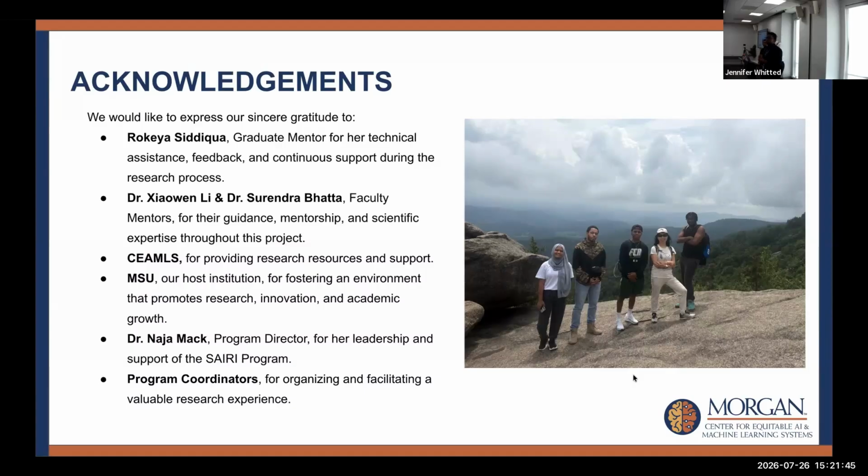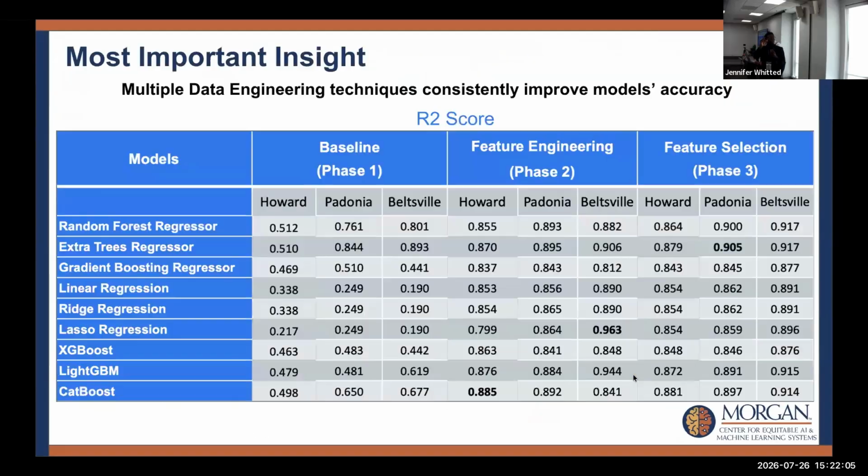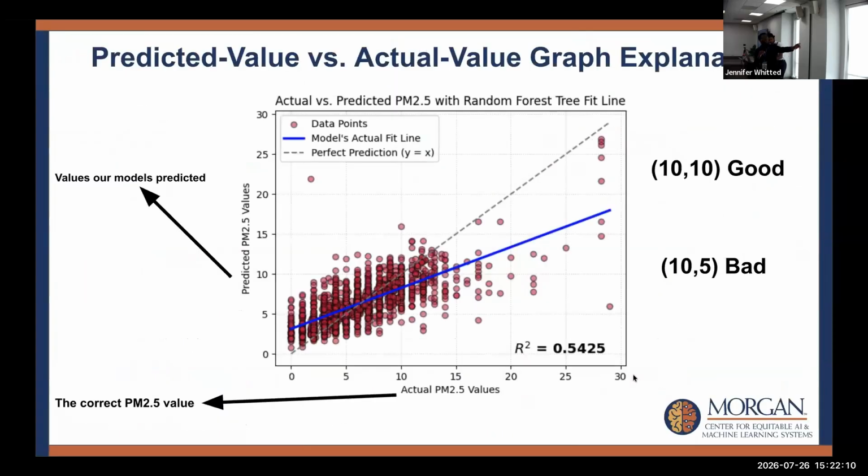I noticed that at some point during the presentation there was the line on the graph. They talked about how the line is closer to the number one. Remember, it's an actual value versus the predicted value on the graph. So we want one-to-one coordinate points, right? When 10 is 10.